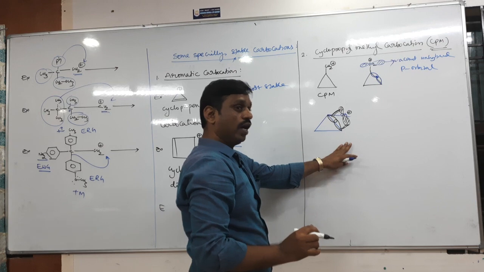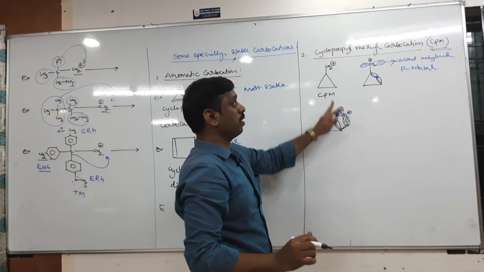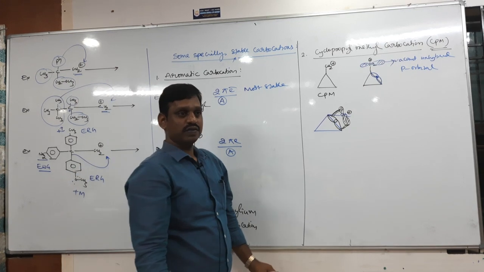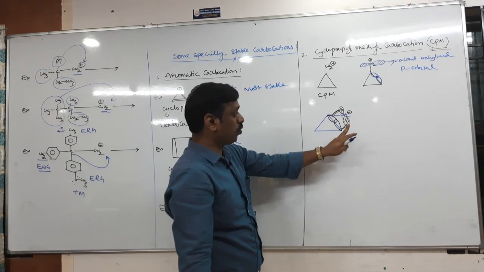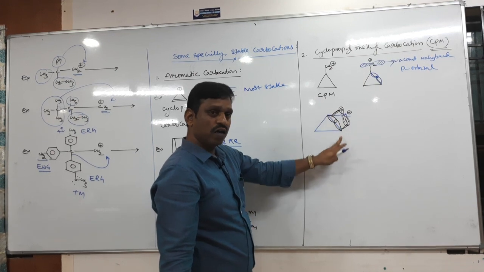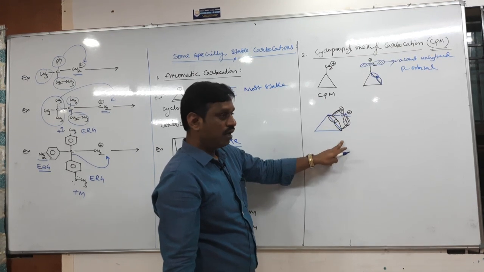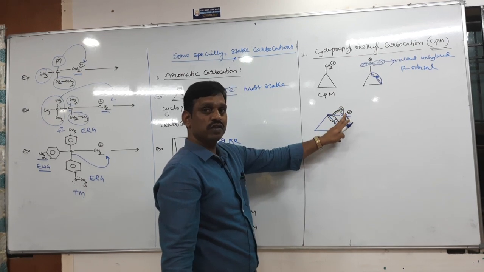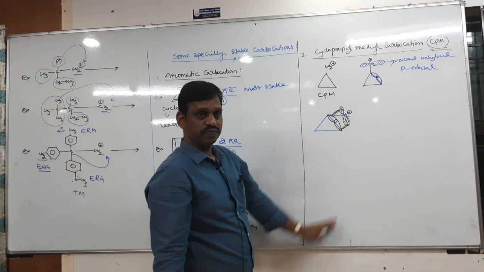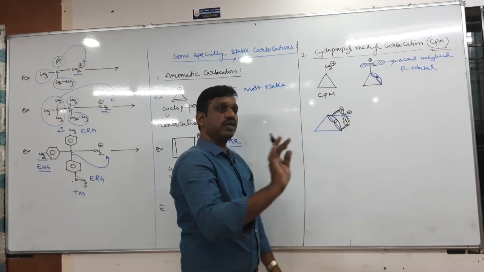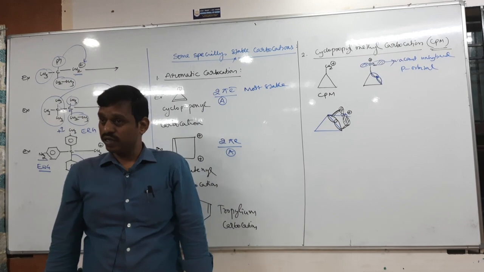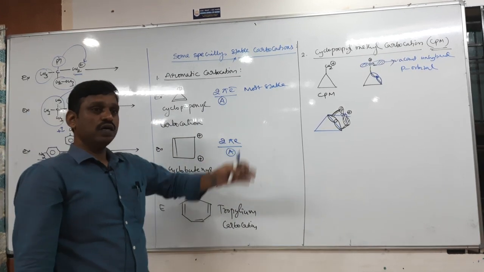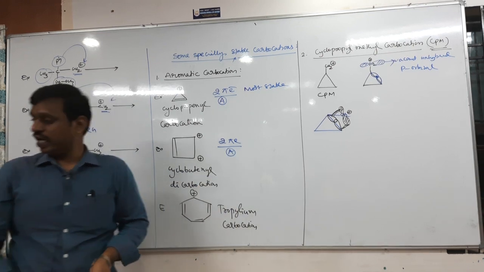Due to partial overlapping of these two orbitals, it becomes stable. So the overlapping between the sigma bond of cyclopropane and the vacant unhybridized p orbital of the carbocation may be the reason for the extraordinary stability of CPM. So these two are the especially stable carbocations.